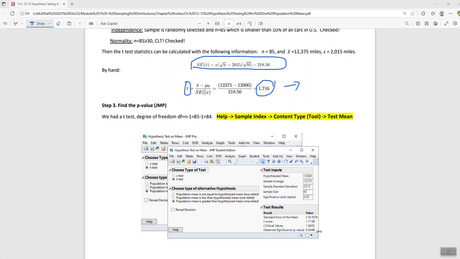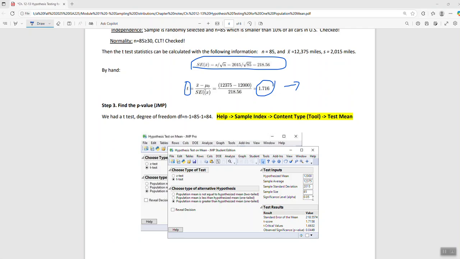The corresponding p-value is 0.0449. Compare the p-value with alpha and you can make the conclusion. In this case, the p-value is less than the significance level alpha, which leads to our conclusion to reject the null hypothesis.